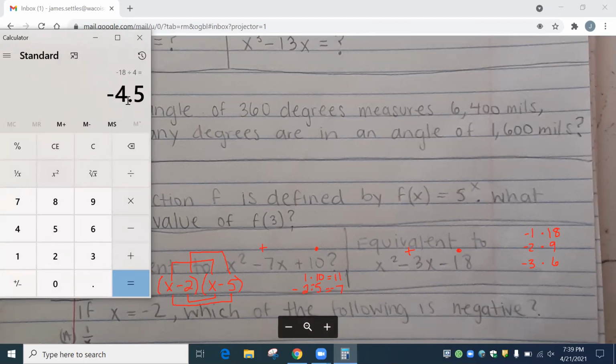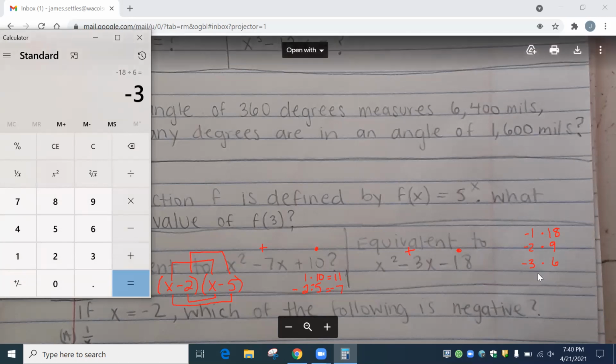Okay, if it doesn't come out even, it's not a factor. So 4 is not a factor. Take 18 negative and divide it by 5. Okay, that's not even. That's not a factor. 18 negative and divide it by 6. Negative 3, and we already got that. So we're done with our factors. So if you struggle with your numbers, then just take the main number and start dividing it by 1, 2, 3, 4, 5, until you get back to where you're at. And these are all my factors.